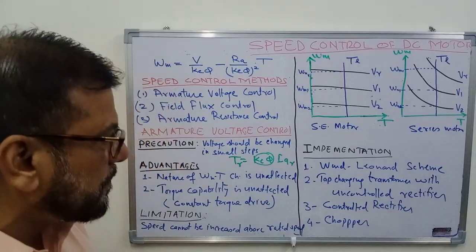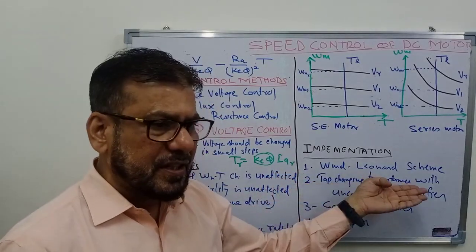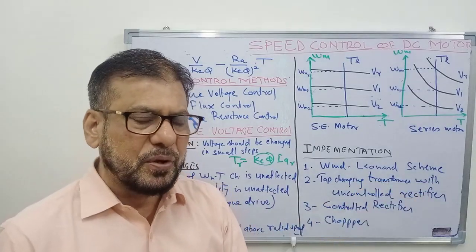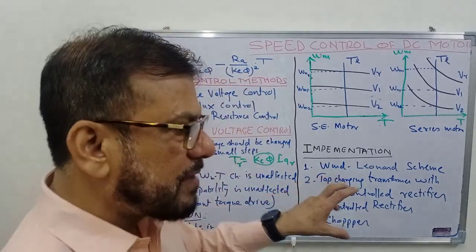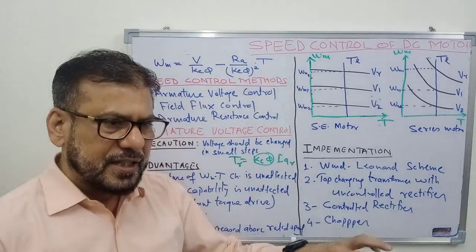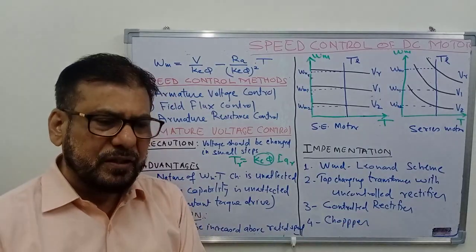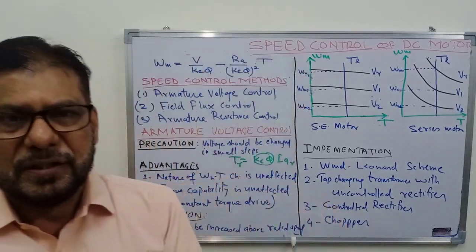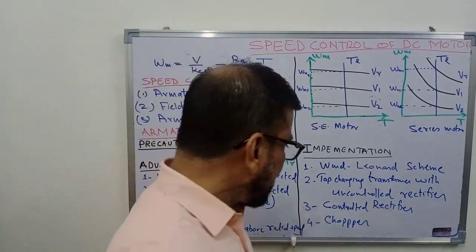Now, if you want to avoid this, there are other options also. Nowadays you can have a tap changing transformer followed by an uncontrolled rectifier, that is a diode bridge. So voltage can be varied by varying the taps of the transformer. So voltage control is achieved from there, and then that AC voltage is converted into DC voltage by the diode bridge, and that voltage is fed to the DC motor.